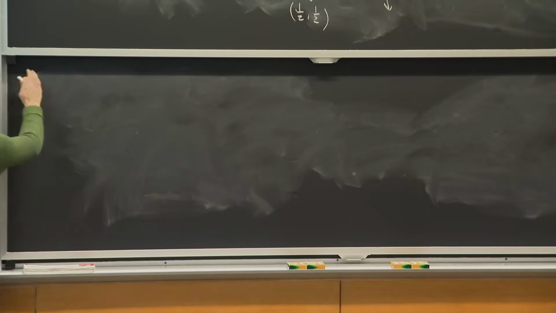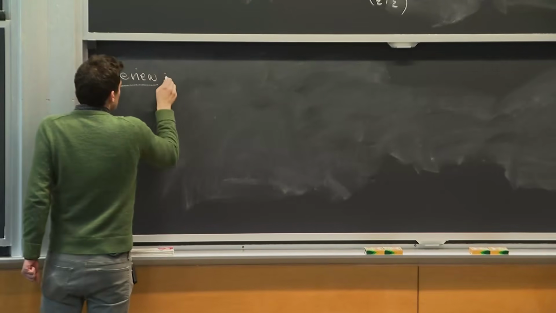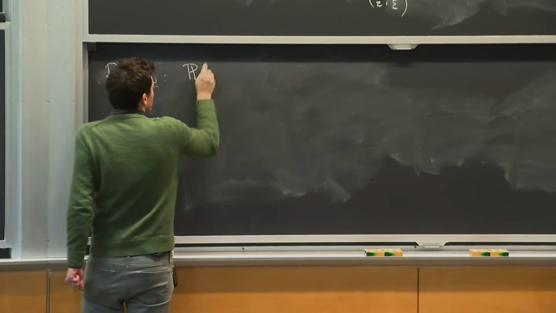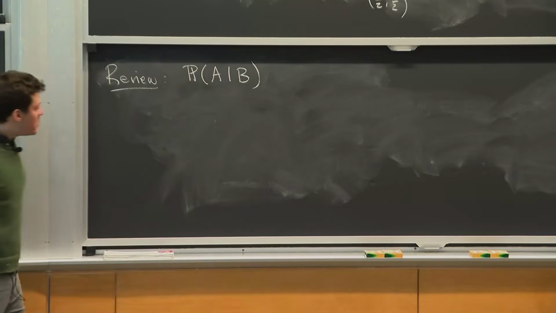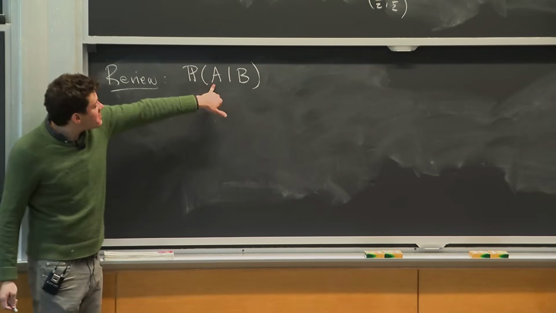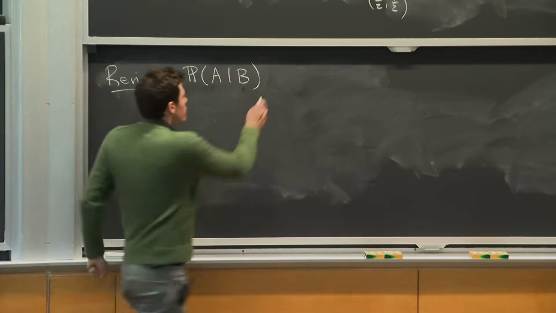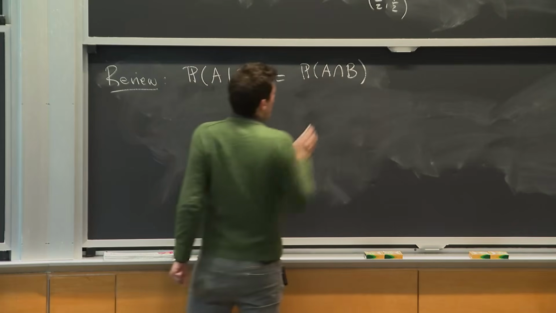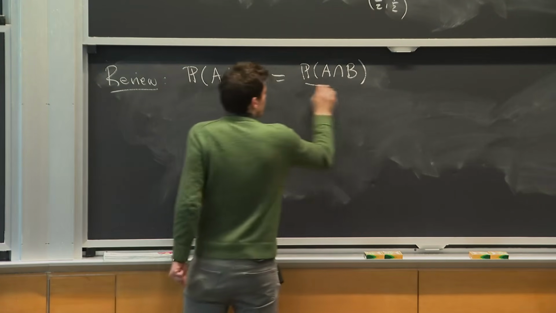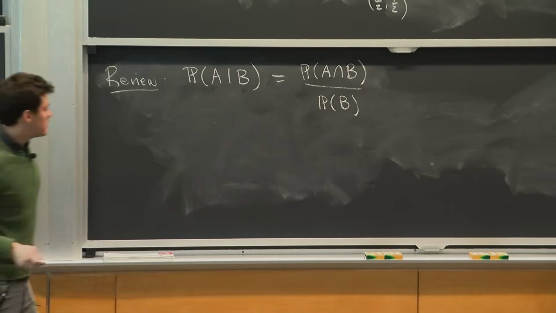So remember, a quick review of Bayes' rule. Bayes' rule allows us to calculate conditional probabilities. So if we have two events, A and B, what is the probability that event A occurs conditional on B occurring? The rule is that this is the probability of A and B occurring divided by the probability of B occurring.